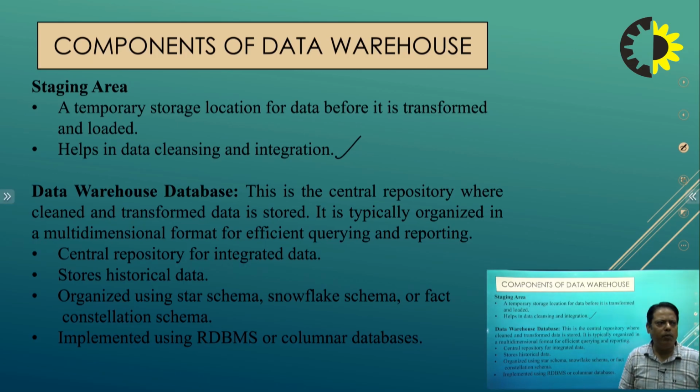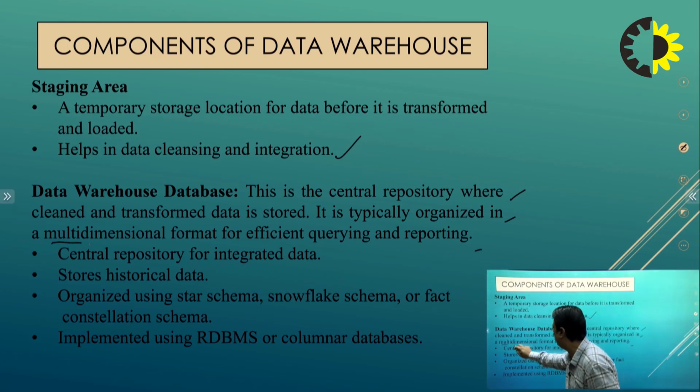Now the next component is the data warehouse database. After completing the ETL process, we store the data in the data warehouse DBMS. This is a central repository where clean and transformed data are stored. It is typically organized in a multidimensional format for efficient query and reporting. What is multidimensional?